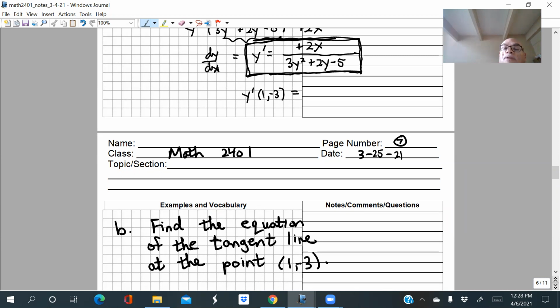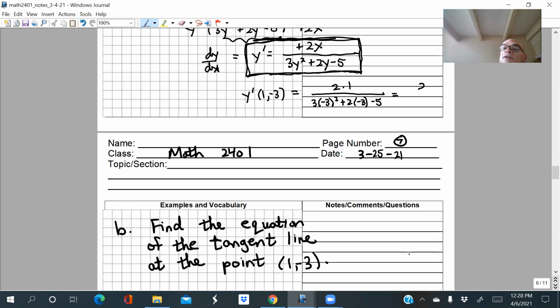So that means you're going to plug in x equals 1 and y equals minus 3 right into this formula. But that's all you have to do. So we have 2 times 1 over 3 times a minus 3 squared plus 2 times a minus 3 minus 5. And then just do that arithmetic.